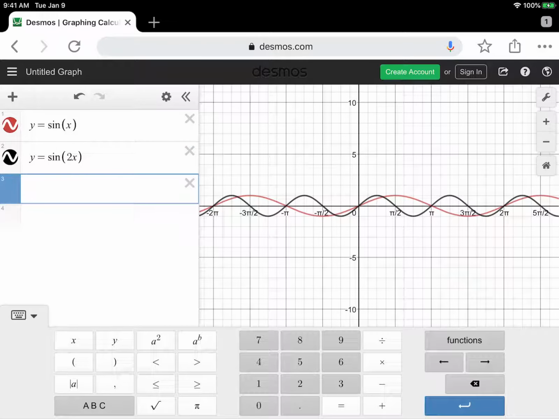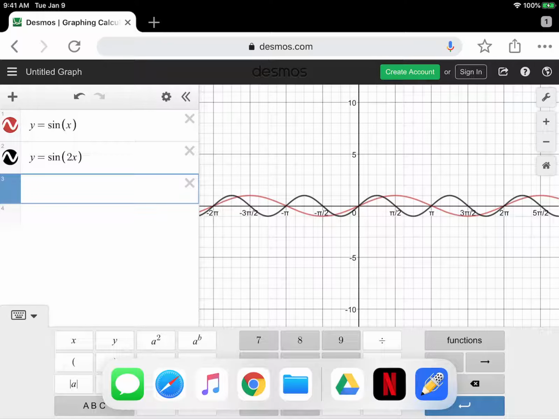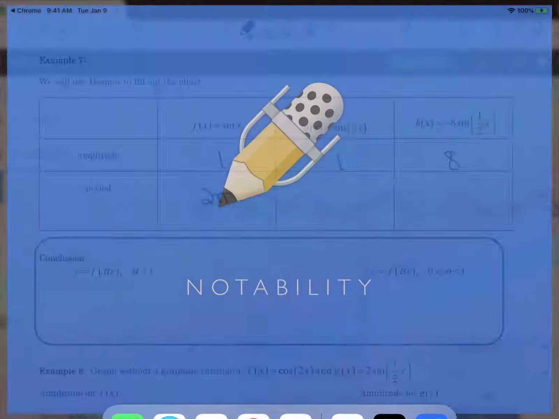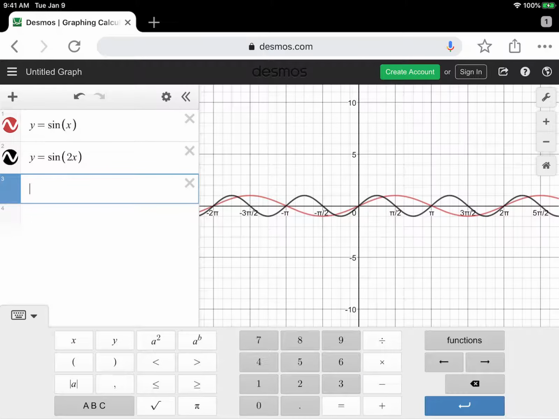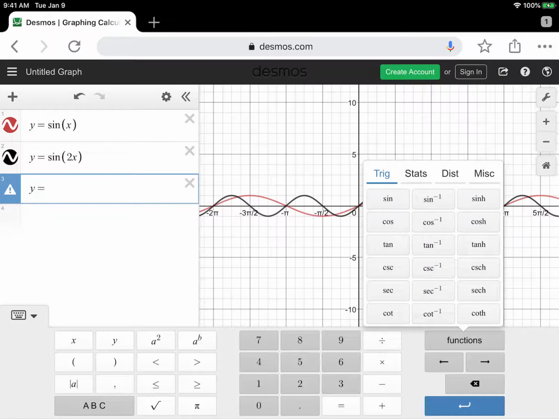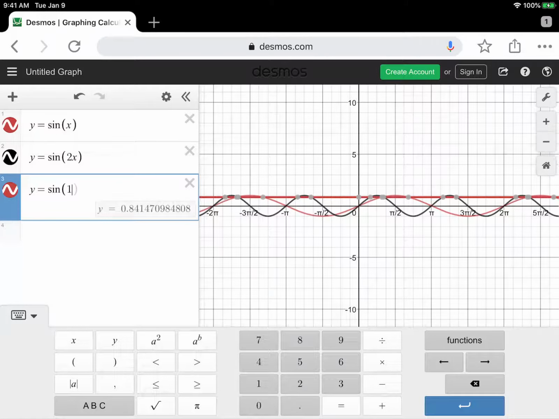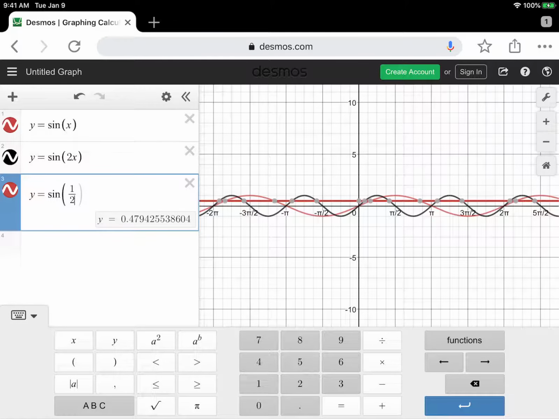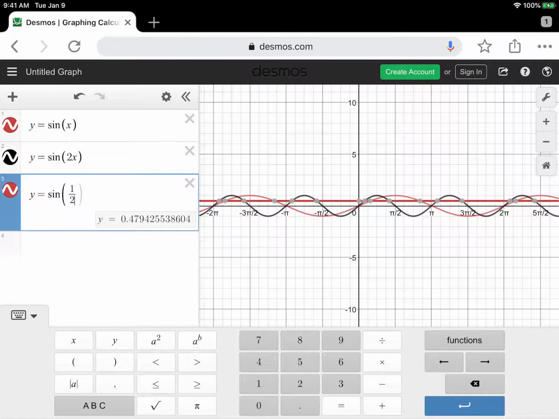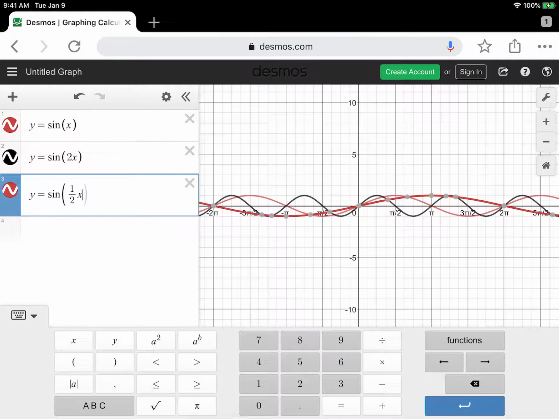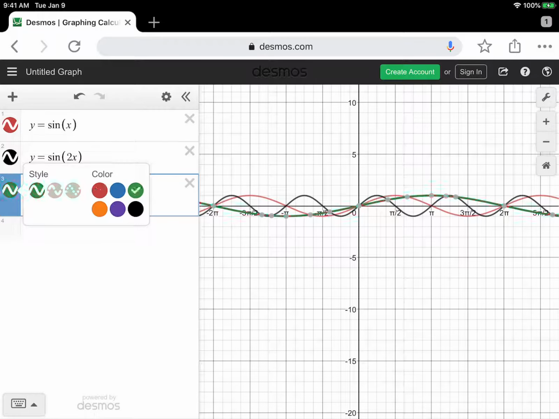Now, if we look at the other one, which I forgot what it was, 1/2 x. I'm going to just leave off that 8 so we can focus on one thing at a time. It's y equals 1 divided by 2, and it's going to be x, not below, right next to it. Let's change that color.